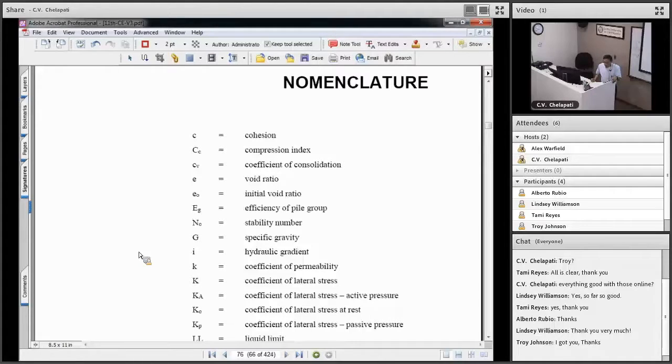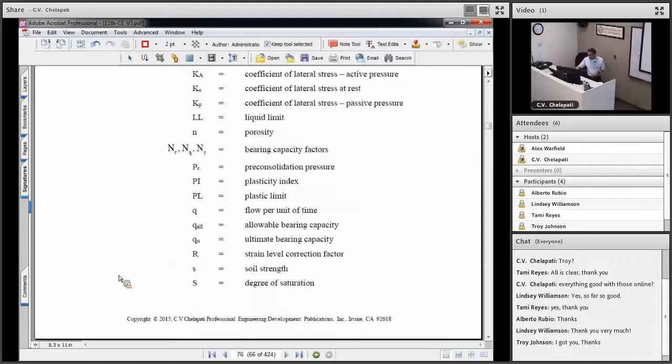If you just type in Design Manual DM 7.1 or DM7, you'll find links where you can find PDF files for both. And 7.1 is on soil properties, the type of material we covered today. 7.2 is on application, it deals with foundations and things like that.